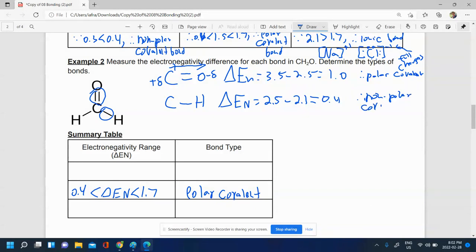And at that point, we wouldn't really have to draw in partial charges or dipoles because it's a roughly equal share. So if you have an electronegativity difference that's less than or equal to 0.4, we say that you have a non-polar covalent bond, an equal share.